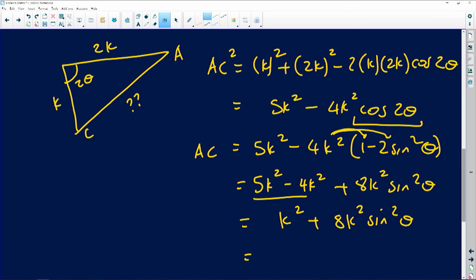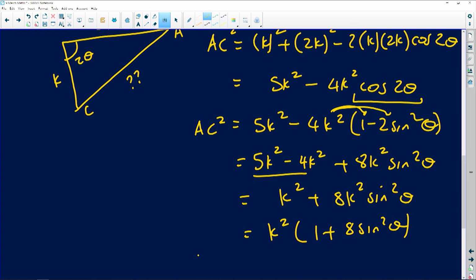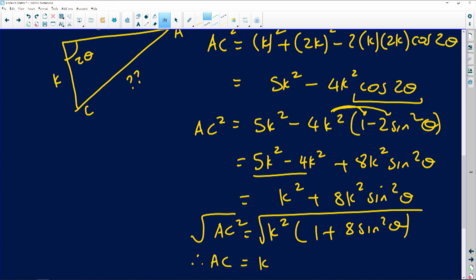You take it out, you're simply going to have K squared into 1 plus 8 sine squared theta. And if you take the square root of this to find the length of AC, because AC squared is what you have, you'll get K times the square root of 1 plus 8 sine squared theta. Right, very powerful indeed. Thank you very much.